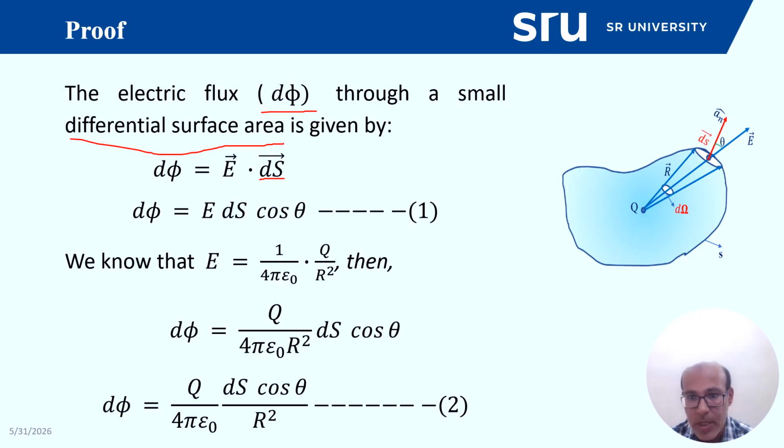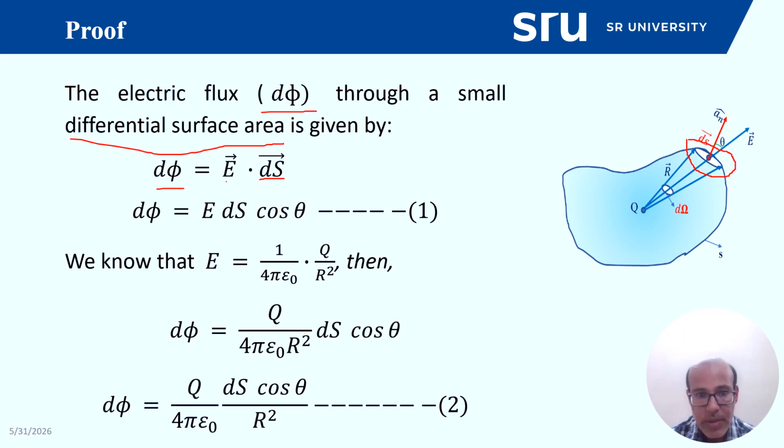This is the elemental surface that we have considered. If you increase the area, the flux coming out is also large. It means the flux is proportional to area.